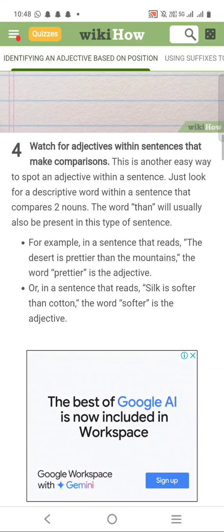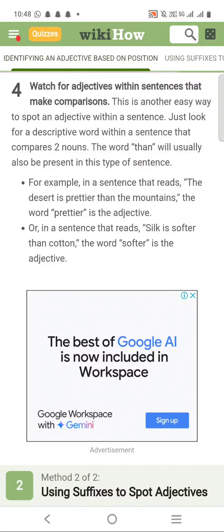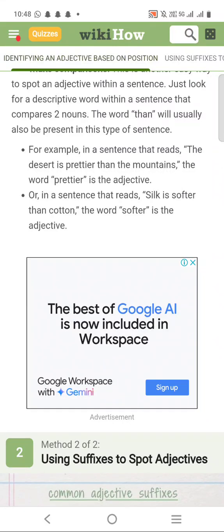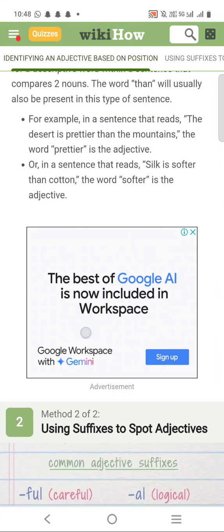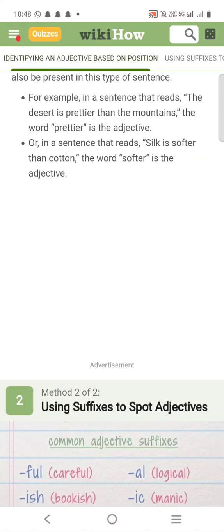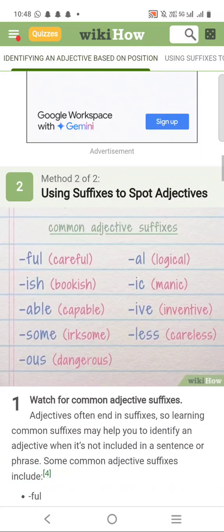The word than will usually also be present in this type of sentence. For example, in a sentence that reads, the desert is prettier than the mountains, the word prettier is the adjective. Or in a sentence that reads, silk is softer than cotton, the word softer is the adjective.